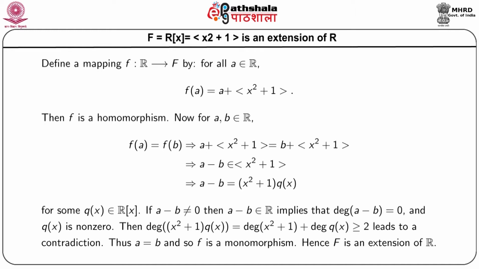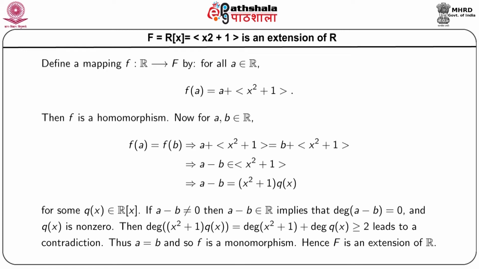Then it is easy to verify that f is a homomorphism. Now, to show that f is one-to-one, consider a, b in R such that f(a) equal to f(b), which implies that a minus b is equal to (x square plus 1) q(x).